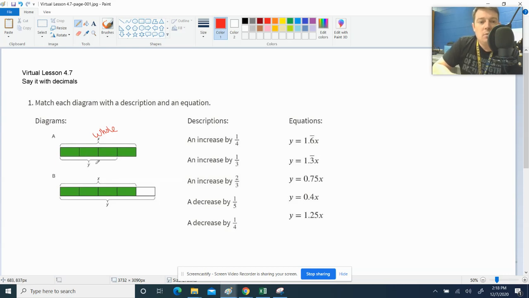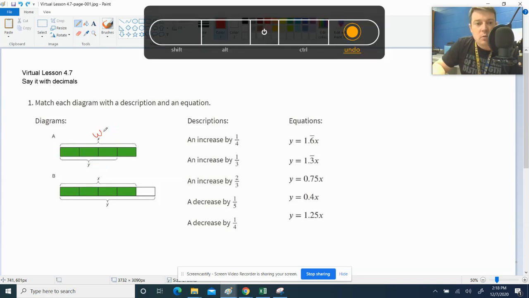Think of the y as the part, or where you end up after you have done something with your whole. Now we have gone from here back down to there, so we've clearly decreased, or we've taken a quarter away from this whole. I like to think of it with numbers. Let's say that x was equal to 40.